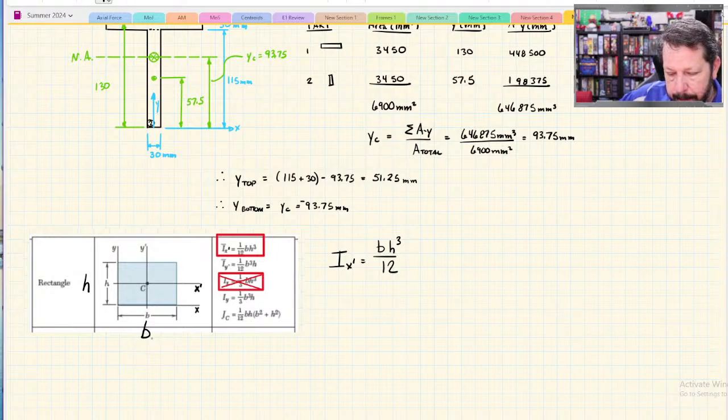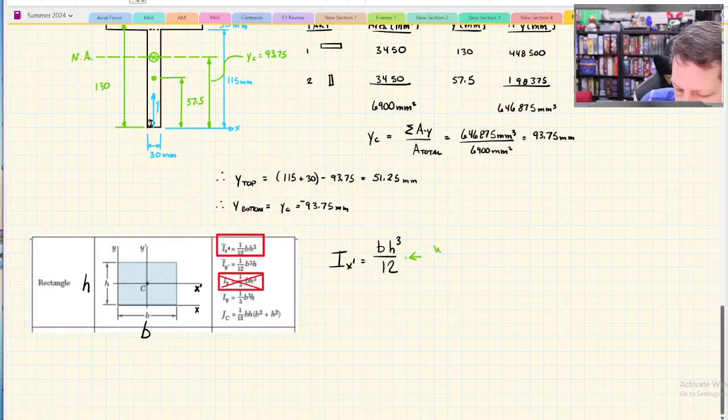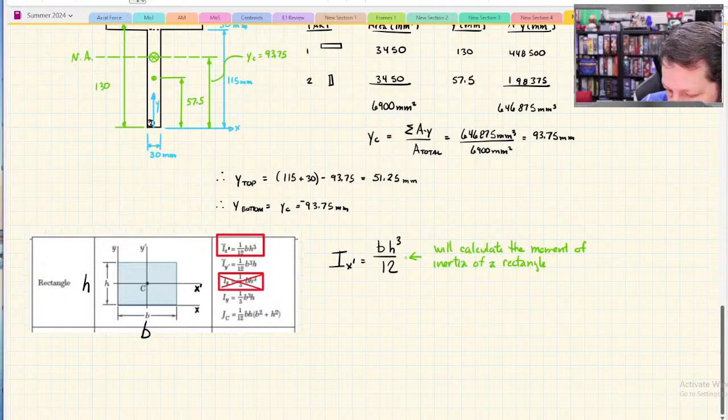So this equation will calculate the moment of inertia of a rectangle, because that's what we're looking at here, about its own centroid.